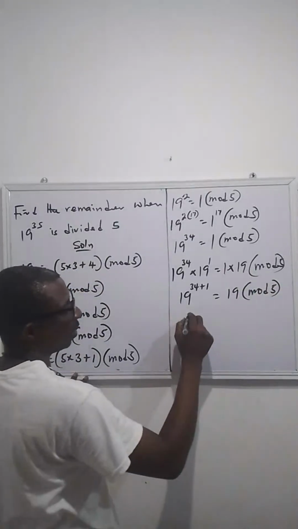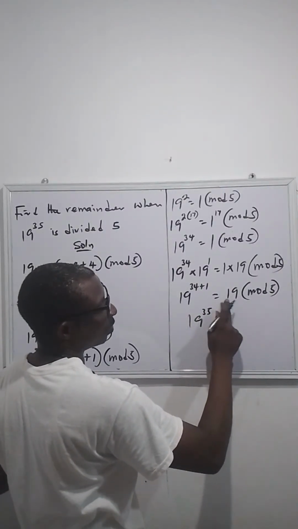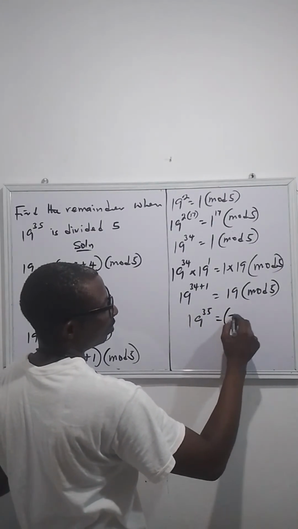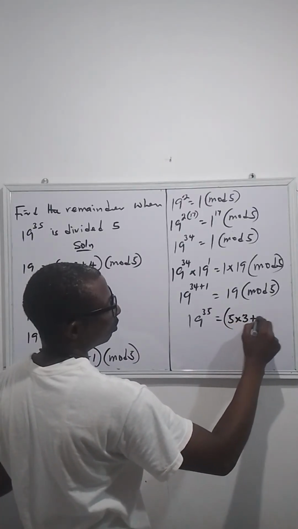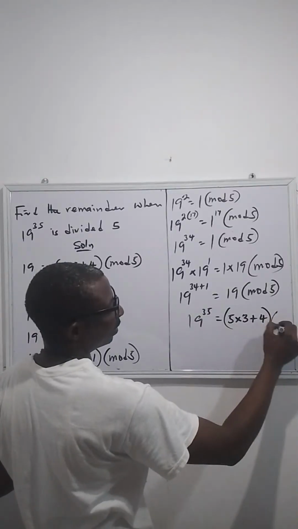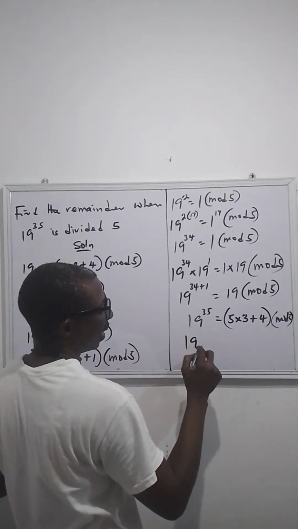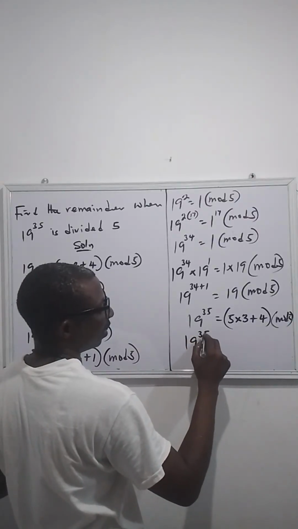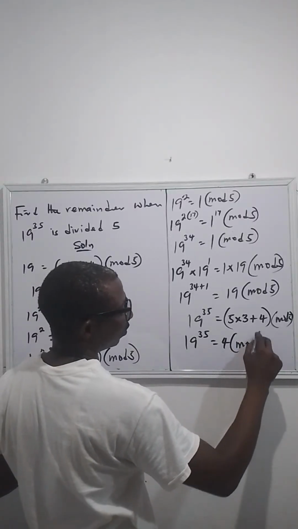All right, so I have 19 raised to the power of 35 equals, now express this one in mod 5. That's going to be 5 times 3 plus 4. It's the same thing as 19 in mod 5. So that means 19 raised to the power of 35 equals 4 mod 5.